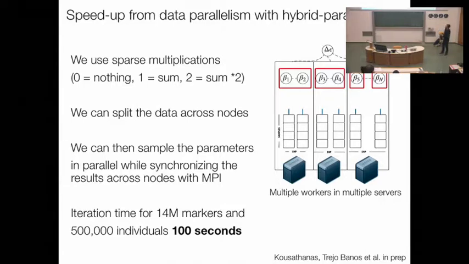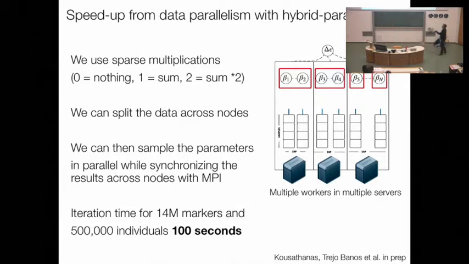When you take a dot product between the residuals and the markers, for zeros you do nothing. For ones, you just sum them up. And for 2 values, you sum them up and double them. Right? So rather than doing a vectorized dot product, we can do a series of sums. And that saves you 200% of time, which is crazy, right?